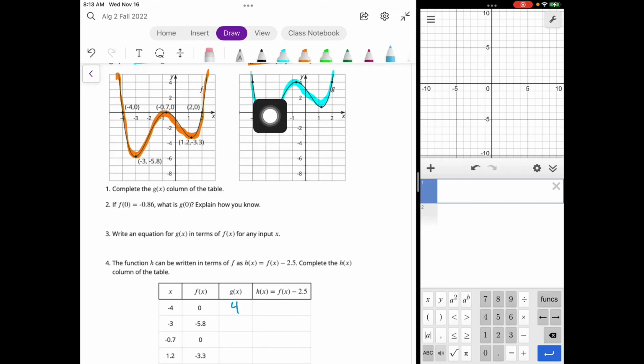When x is -3, that looks like -1.8. When x is 0, -0.7, it looks like we're at 4. And then when x is 1.2, it looks like we're at 0.7.